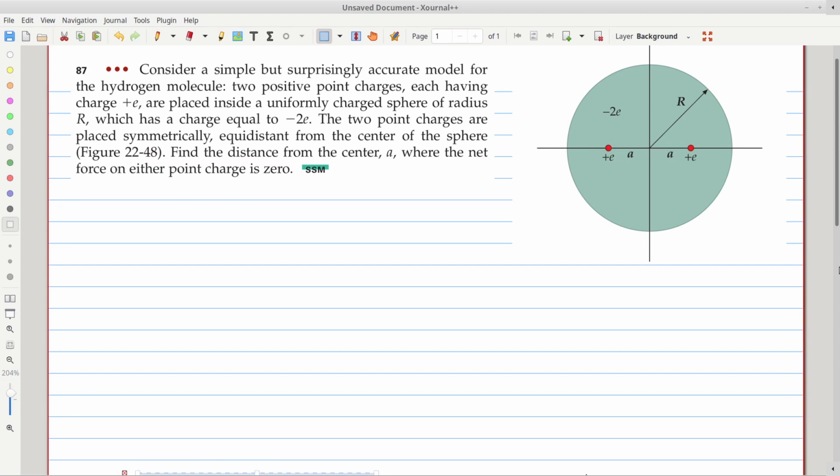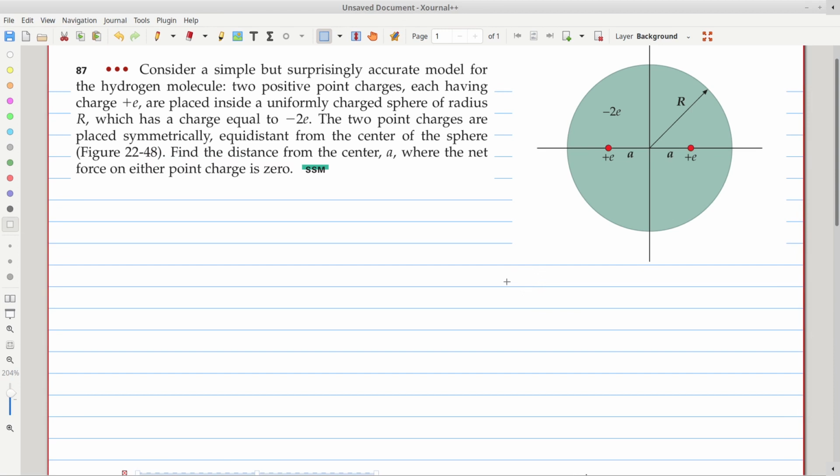The 2 point charges are placed symmetrically equidistant from the center of the sphere, as in the figure here. Find the distance a from the center, where the net force on either point charge is 0.